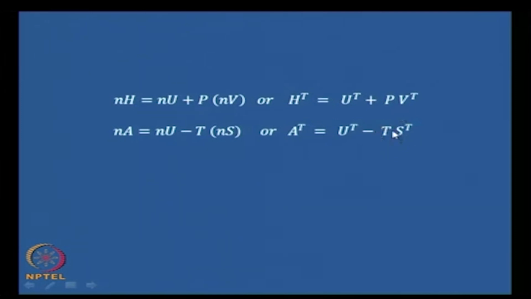T stands here separately because T is also an intrinsic variable which is not dependent on the amount of substance that is present, and nG equals nH minus T times nS, or G^t, the total Gibbs free energy of a system, equals the total enthalpy of the system H^t minus T times the total entropy of the system S^t.